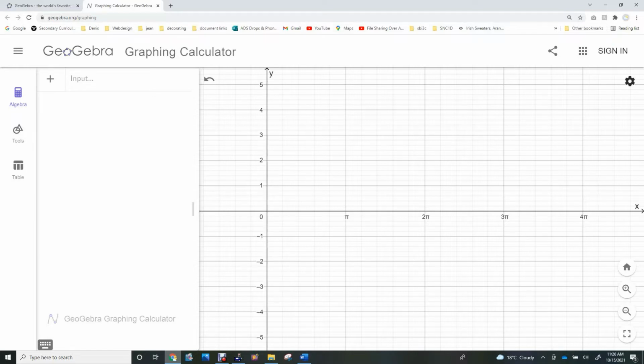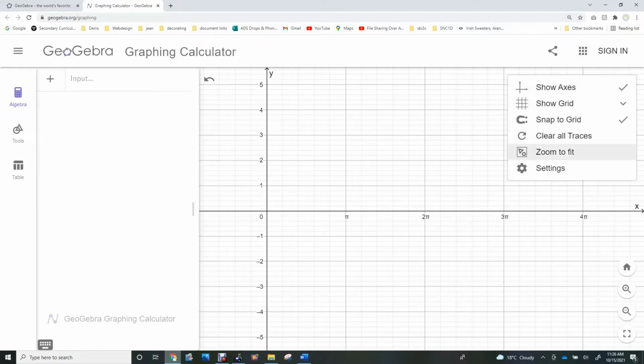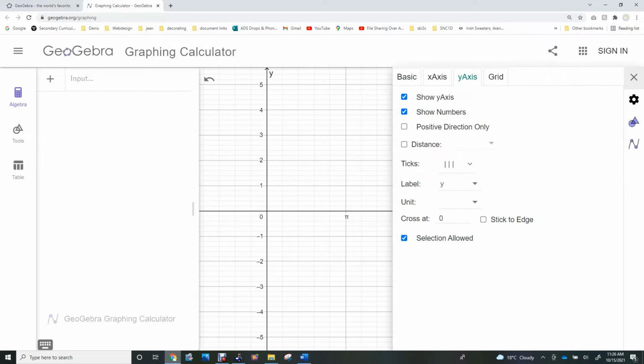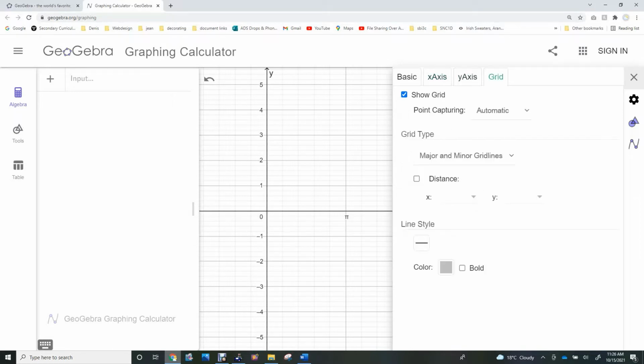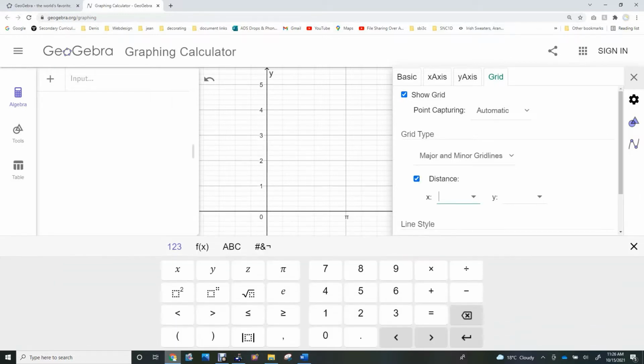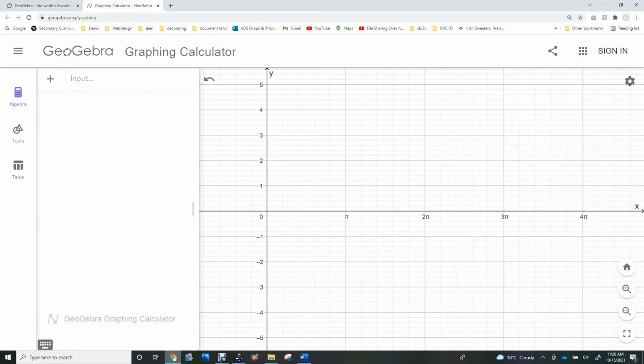Now, if it's not set for 5, go into Settings and go into the x-axis and go to Grid and make your distance in here 5. And that will set that up for you.